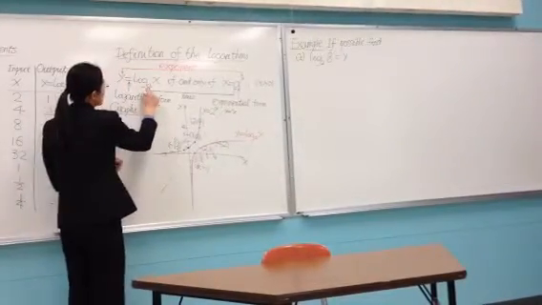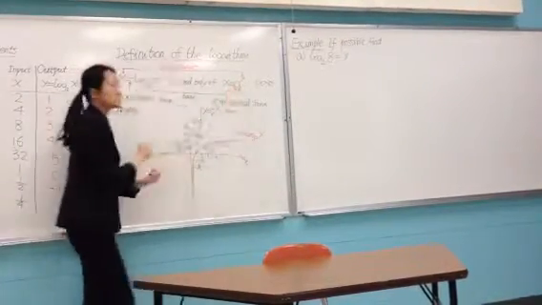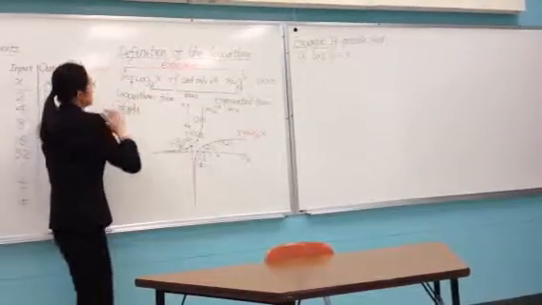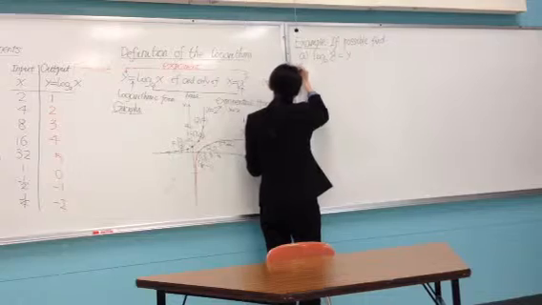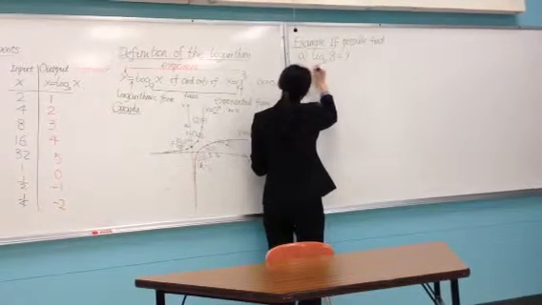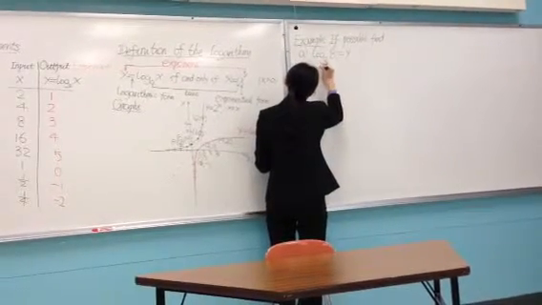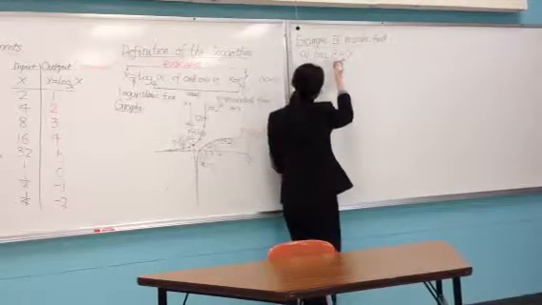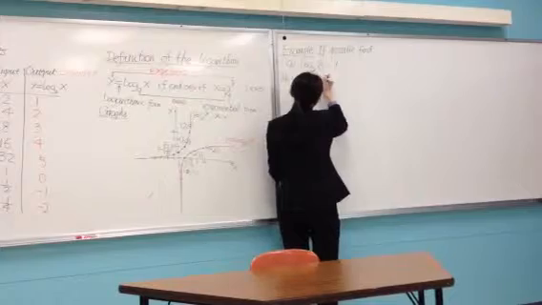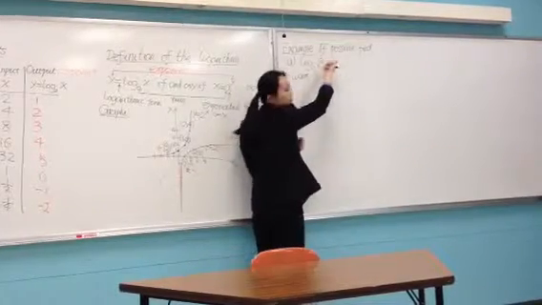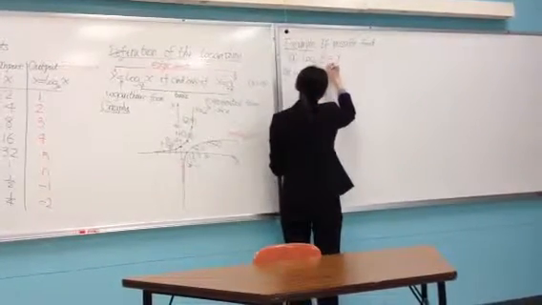So remember, you're going to put a base here. They are inverse functions of each other. Then we switch the input and output. So change into exponential form, put a base 2 here, switch the input and output.